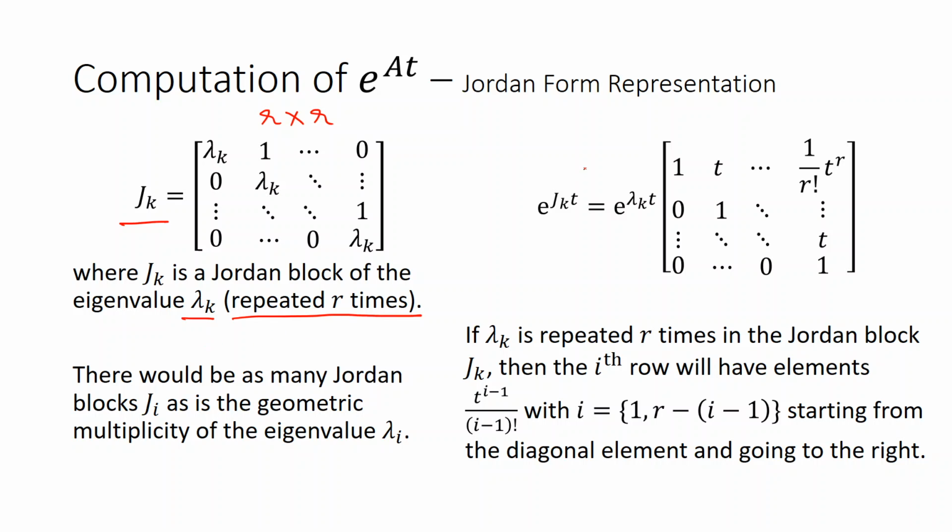So now your e to the power of Jk t is nothing but e to the power of lambda k t taken out of the matrix, and this is the r cross r block.